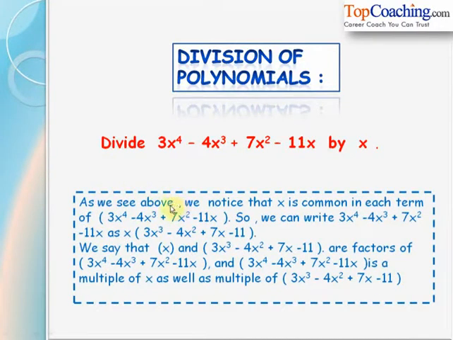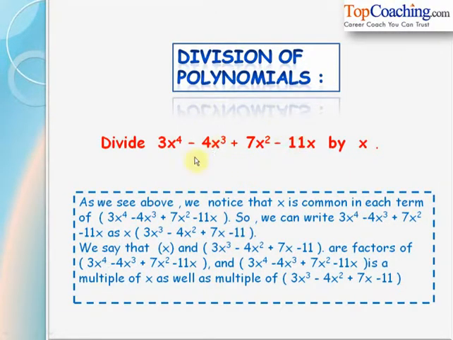Now as we see above, we notice that x is common in each term of 3x to the power of 4 minus 4x cube plus 7x square minus 11x. So we can write this polynomial as x into 3x cube minus 4x square plus 7x minus 11.